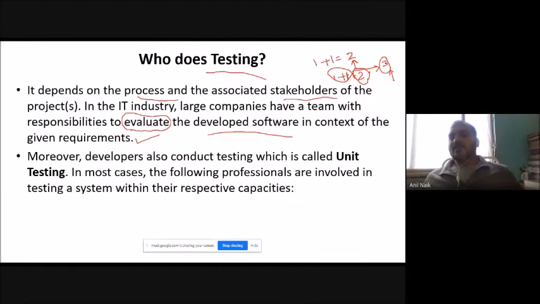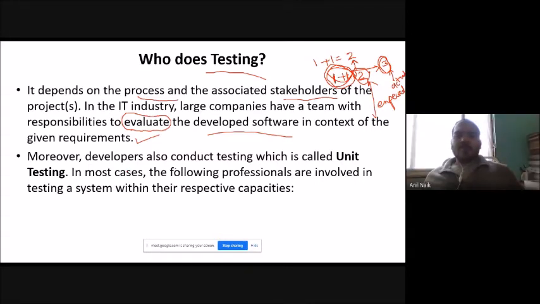So this is the actual: the software is giving the result as 3, but the expected is 2. Both actual and expected results should match. That is the testing process. If 3 is what you are getting and 2 is the expected result, it indicates your software has a problem. Your software is not giving the correct result.